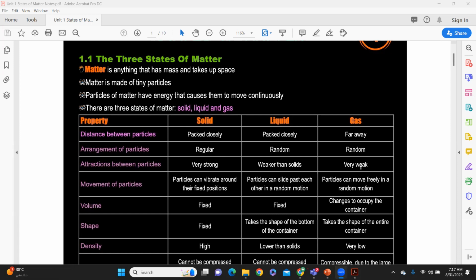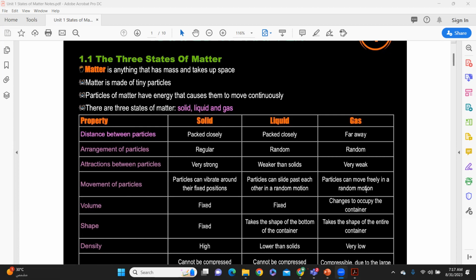Like the relation I told you about, within the family, within the tribe, and with a stranger. Now, movement of particles: in a solid they can only vibrate about their fixed positions. In a liquid, particles can slide past each other in random motion.